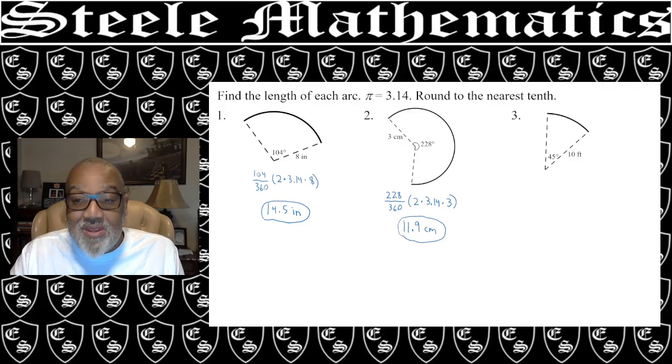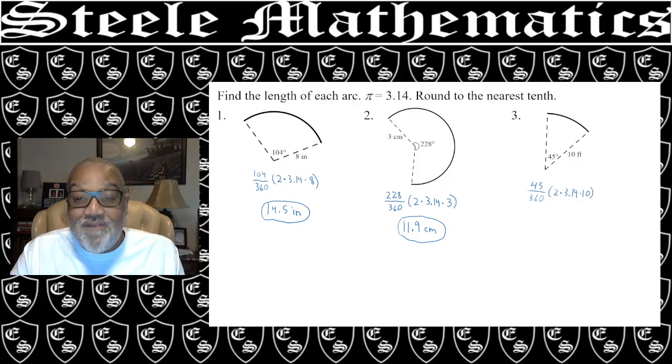All right, for number 3, the radius is 10 feet, and the measure of the central angle is 45. Therefore, this is 45 over 360 times 2 times 3.14 times 10.